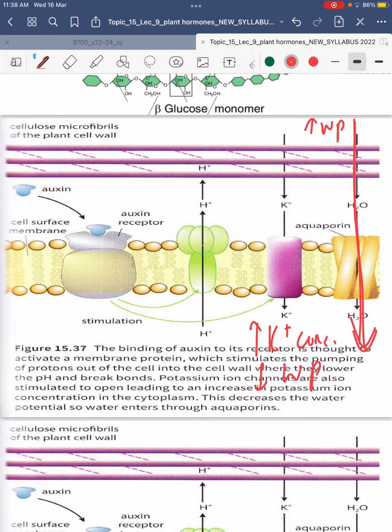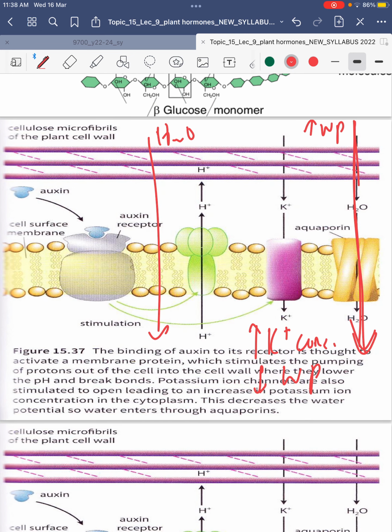Of course water can also cross the lipid bilayer, no problem, but having an aquaporin here will increase the movement of water into the cytoplasm even more. So when water enters, the cells become enlarged.